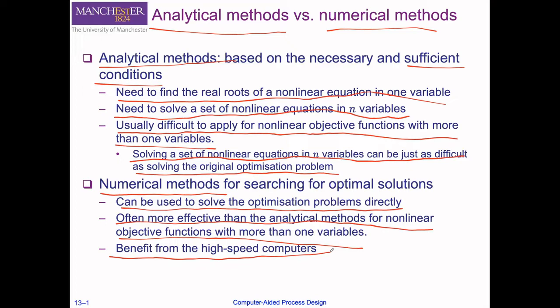In topic 12, we have already demonstrated how to use the analytical methods to find the optimal solution for an unconstrained optimization problem. In this topic and the following several topics, we will introduce numerical methods that can be used to search for optimal solutions for unconstrained optimization problems.